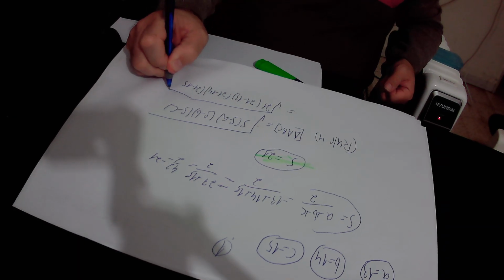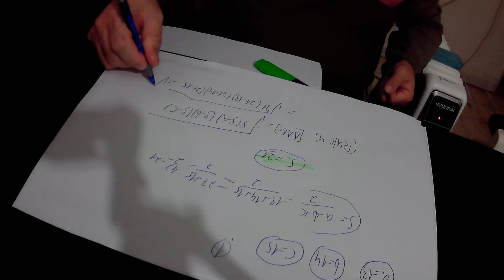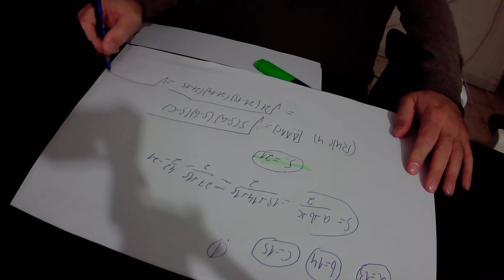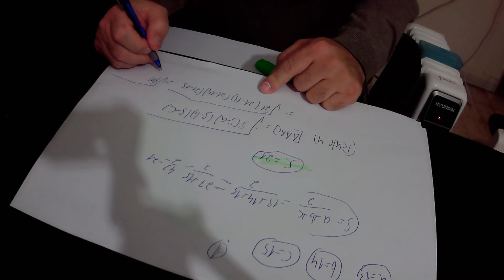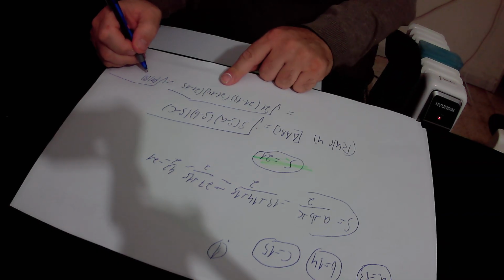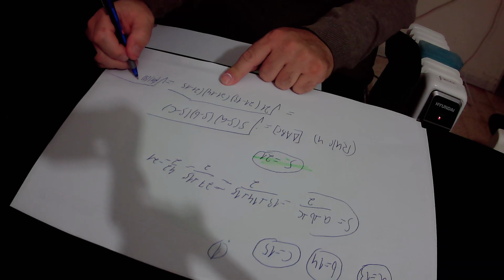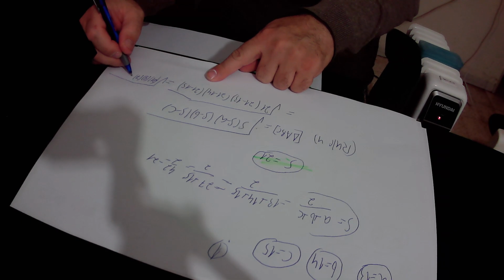All are under the root. So the area of our triangle ABC equals the square root of 21 times 8 times 7 times 6.